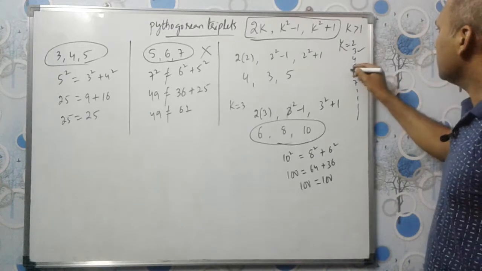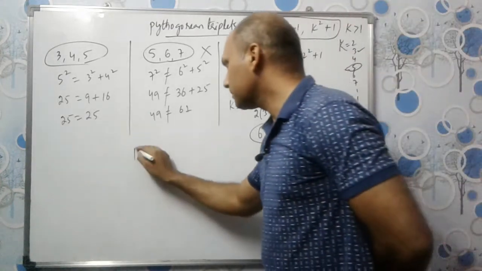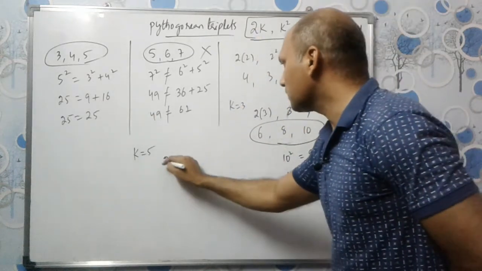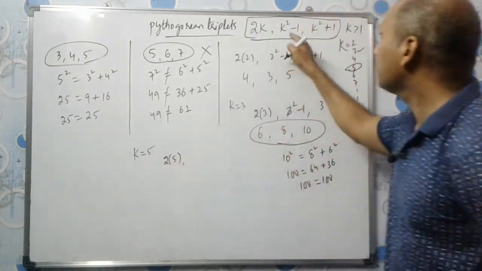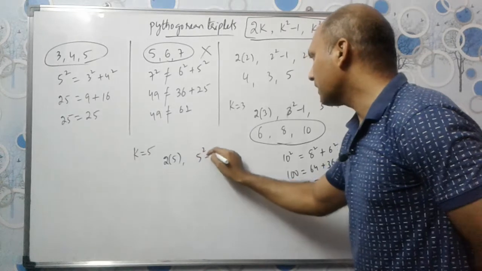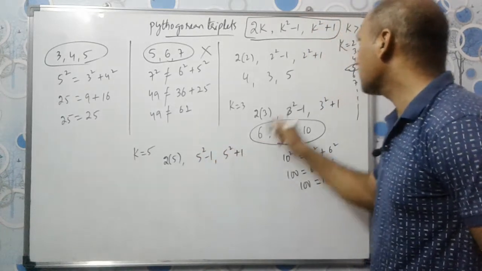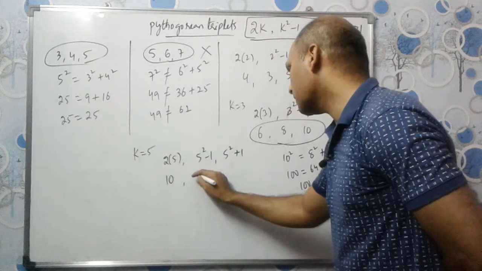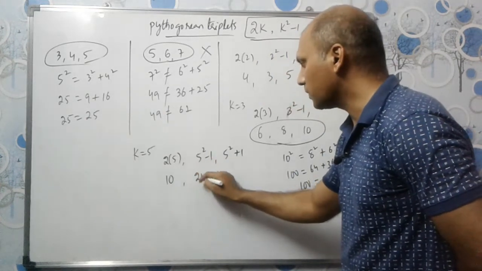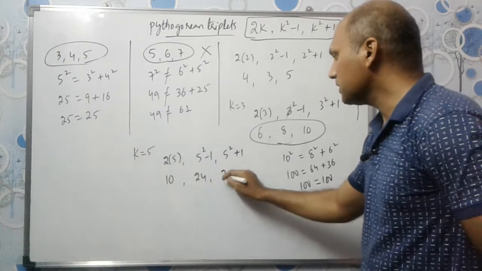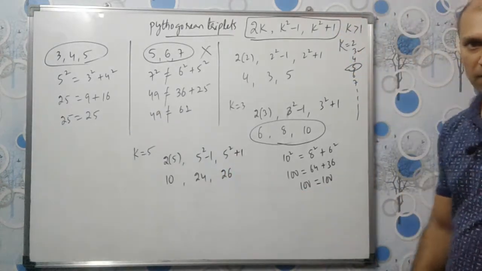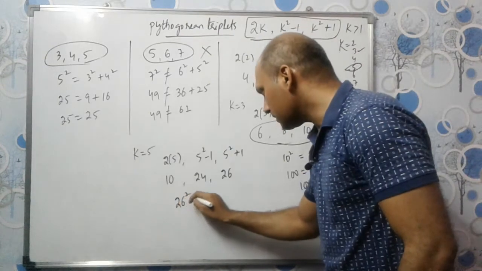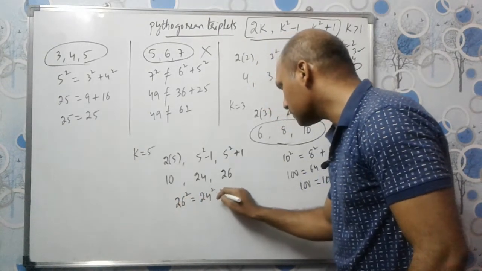Okay, let us take k is equal to 5 and check. So what were the numbers? 2k, so this will become 2 into 5, 5 square minus 1 and 5 square plus 1. So 2 times 5 is 10, 5 square is 25, 25 minus 1 is 24, 25 plus 1 is 26. So the longest side is 26, so 26 square is equal to 24 square plus 10 square.